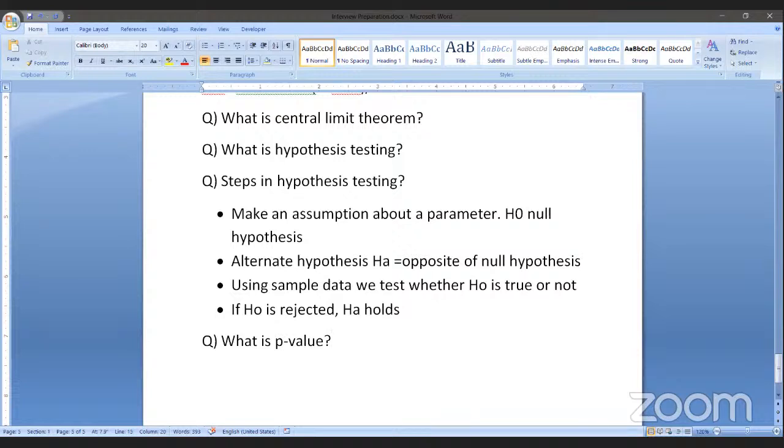So it is a measure of how likely the sample results are, assuming that H0, the null hypothesis, is true.